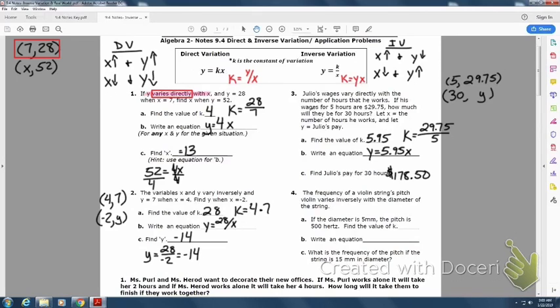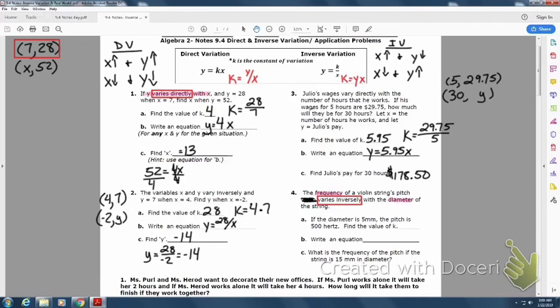It says the frequency of a violin string's pitch, there's an extra word in there, varies inversely with the diameter of the string. So, again, you may have no background information about music, but if you can find where that word is right there, is the frequency my dependent or independent variable?